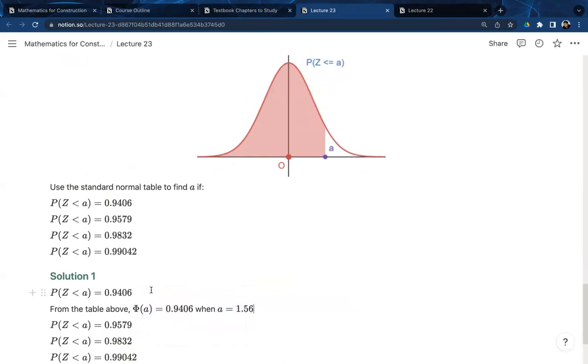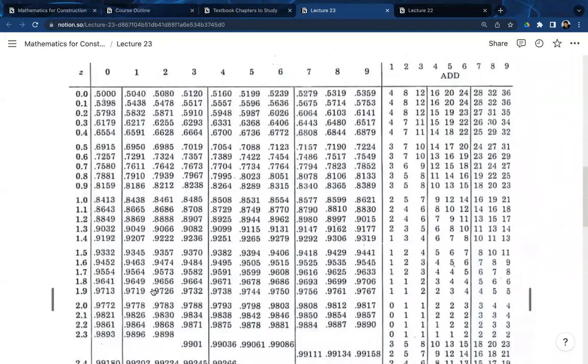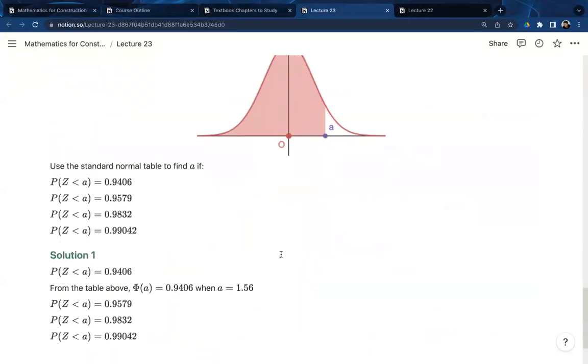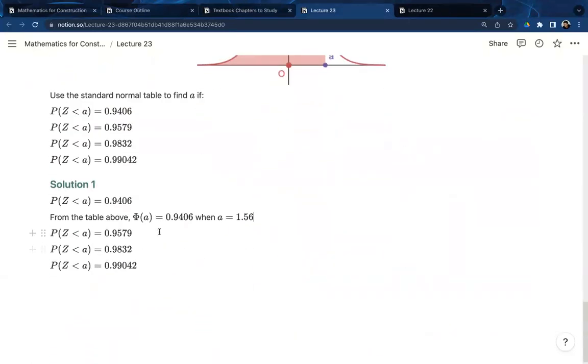Let me see. 0.9406 here, so that's 1.56. So directly from the tables it is 1.56. Okay, we'll do the other ones. It's not always going to be so easy.